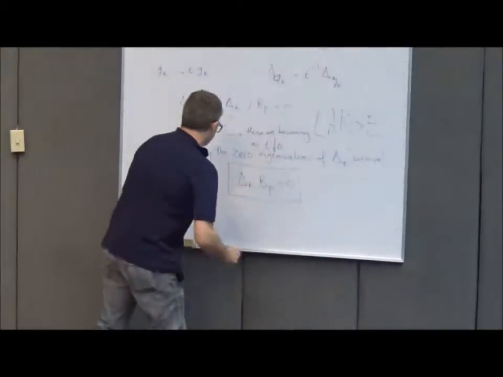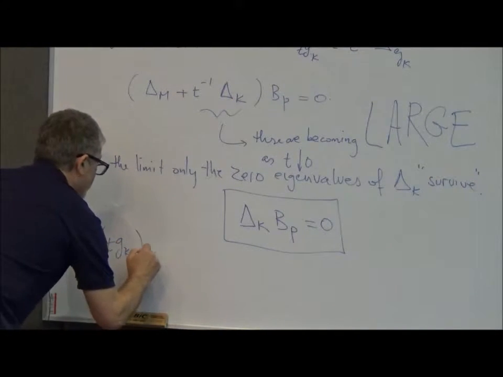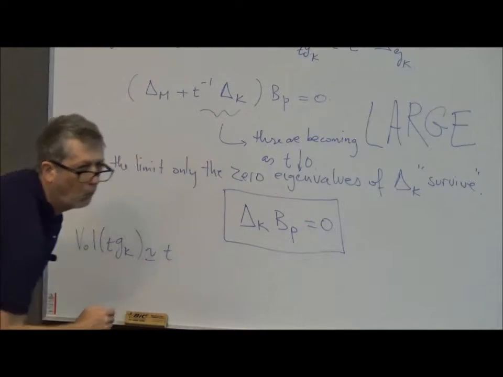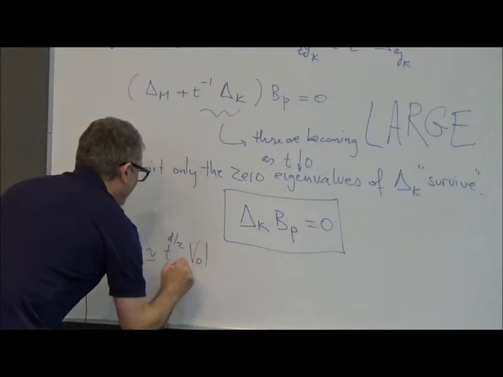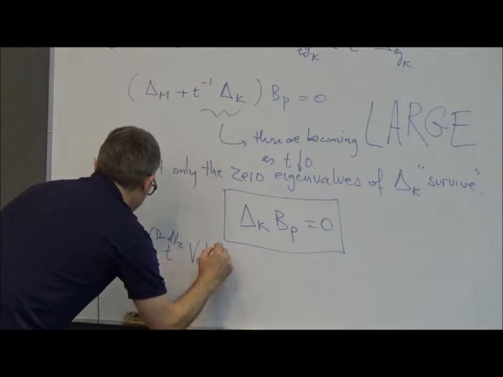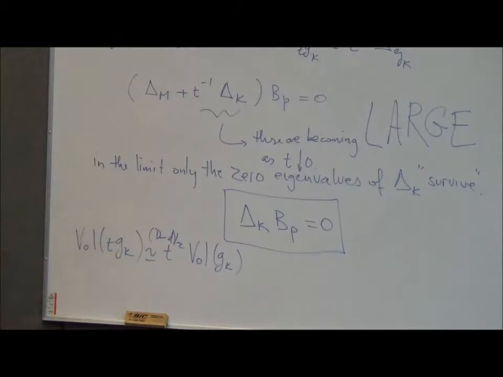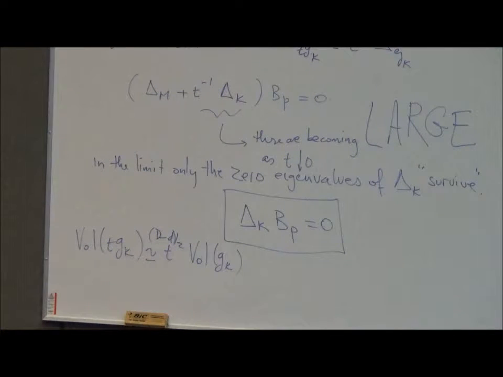We calculated the volume of TGK goes like T to the D over 2, if I remember it correctly, where that D is the dimension. So that'll be D minus D over 2, volume of GK. So the limit is again volume going to 0. Making these guys infinitely massive is the same as taking the internal space and shrinking it to zero. So that's the game.